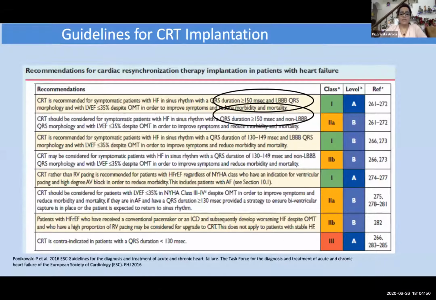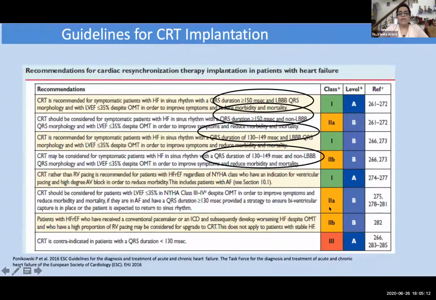However, CRT is a class 2 indication in non-LBBB patients with the rest of the parameters remaining the same. Between 130 and 150 milliseconds, it becomes a class 1 indication if the LBBB pattern is there, but the level of evidence is B. It is not A, it is B.